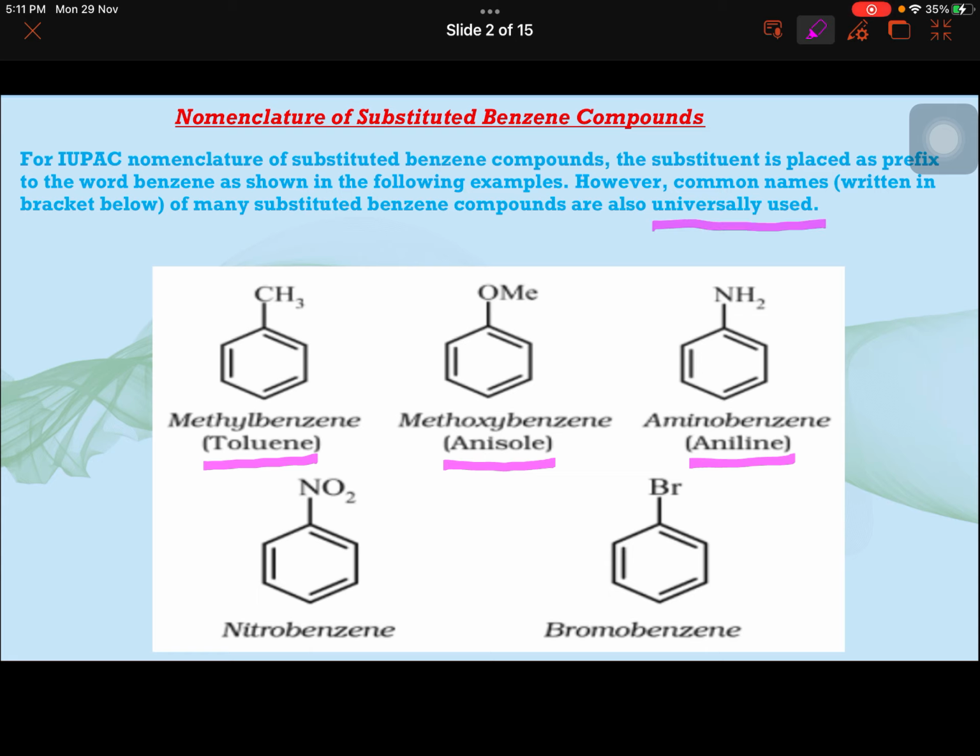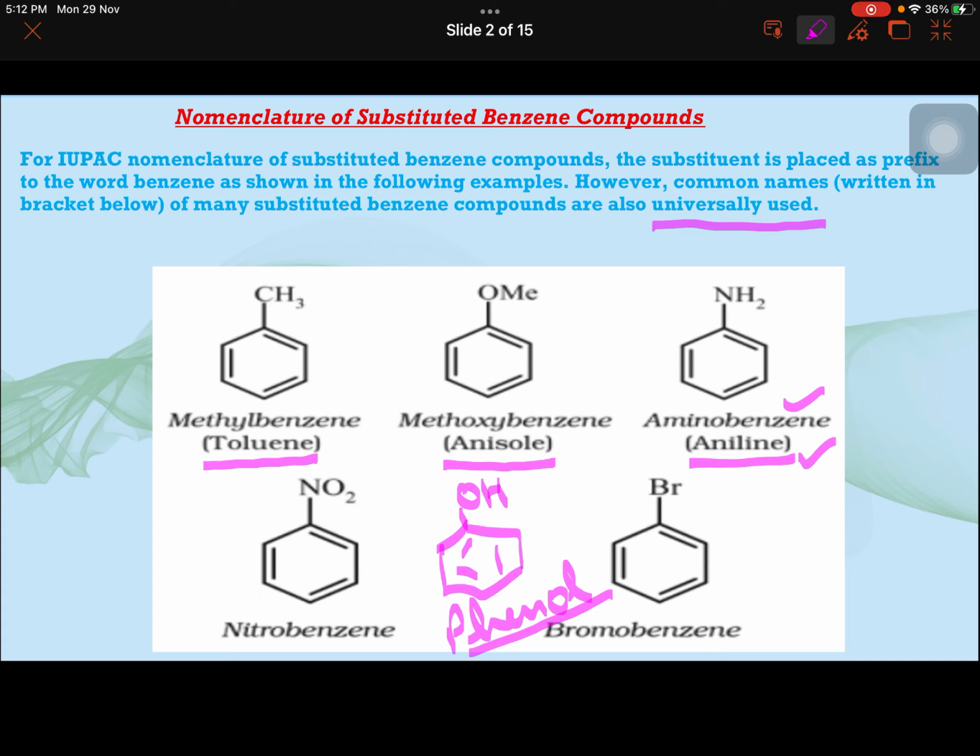They are also very commonly used. So you will find them written everywhere, wherever you come across these compounds. So both are considered. Like phenol, phenol is benzene with OH. This is phenol, and this name is used as it is in IUPAC nomenclature also.